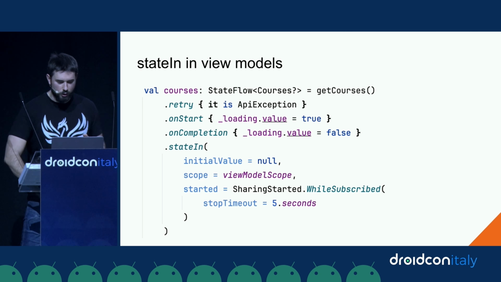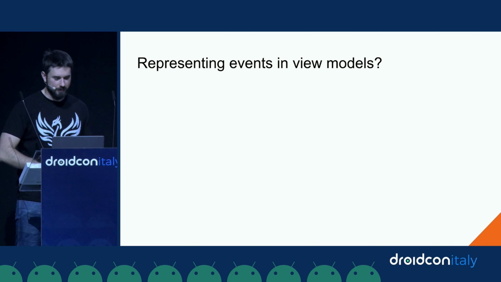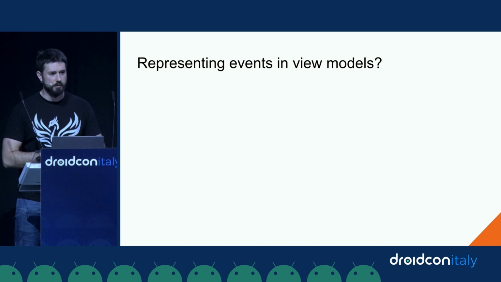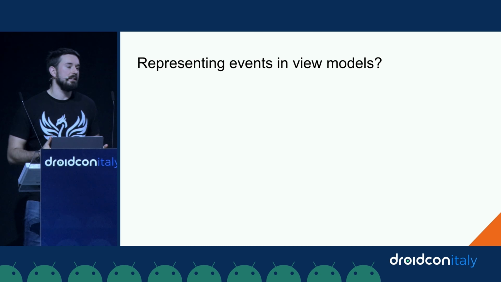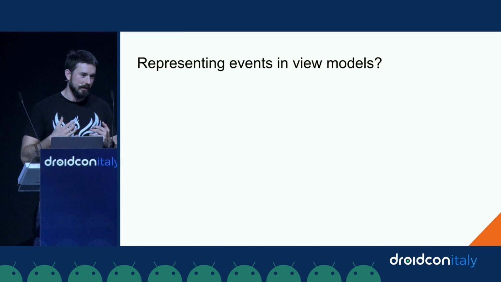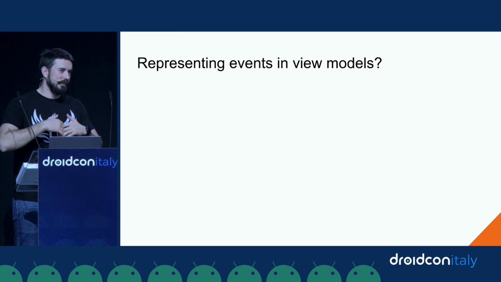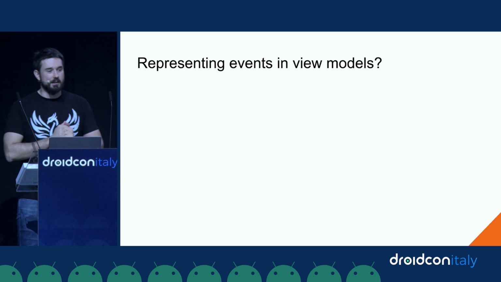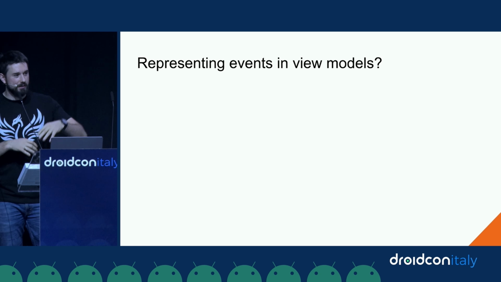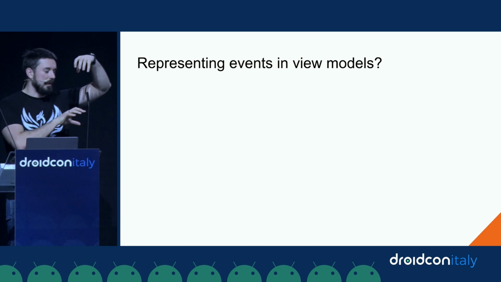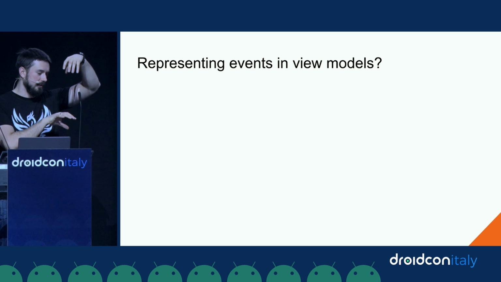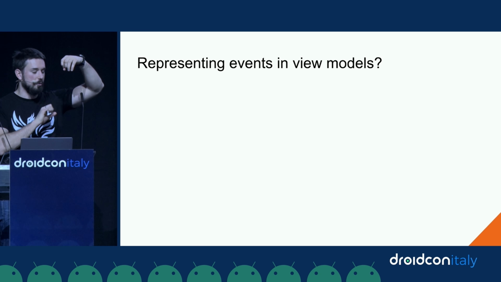Now, the controversial discussion I need to start. I published an article recently about it after many discussions with many people. How should we represent events with ViewModels? ViewModels are not that typical a use case because you should remember that when you have a ViewModel, down there there are views. Those views can get detached from the ViewModel.